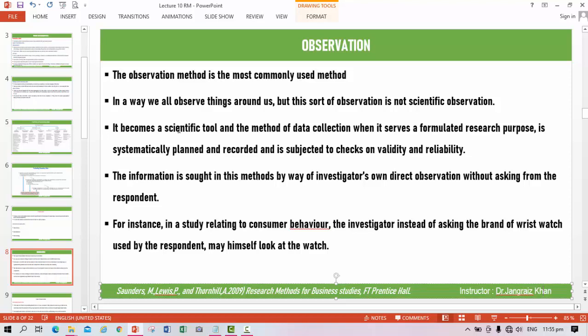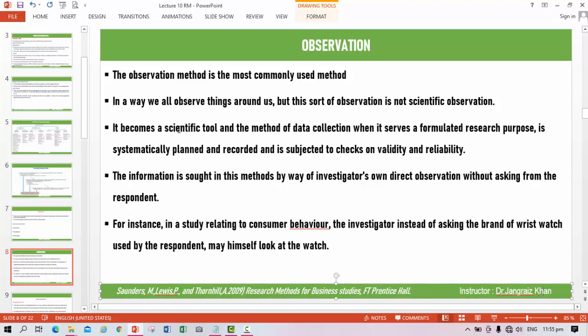When we see things around us, we observe different events in our daily life, but this is not scientific observation. It becomes observation when we see things for a specific research purpose, when we plan things systematically and record the observation.